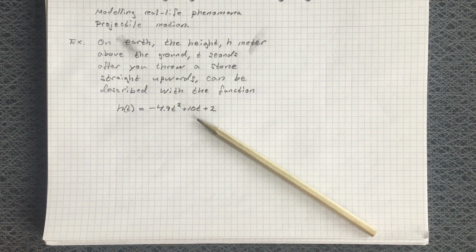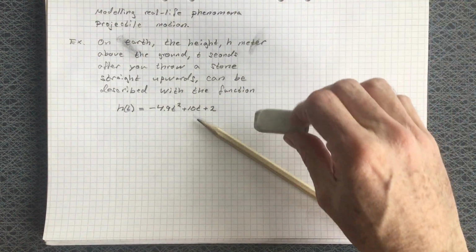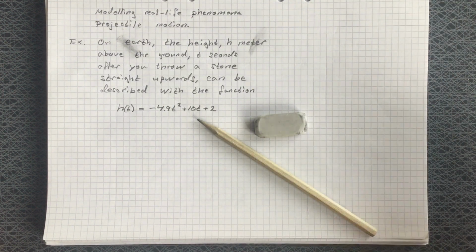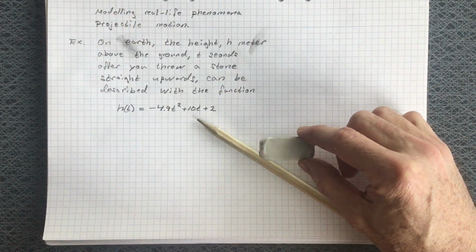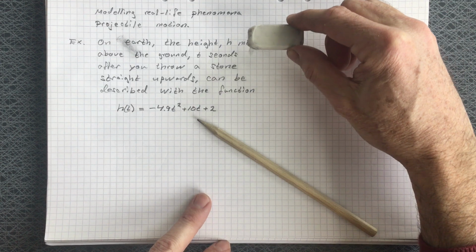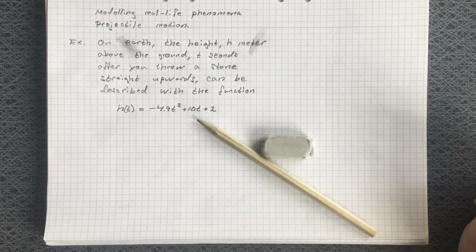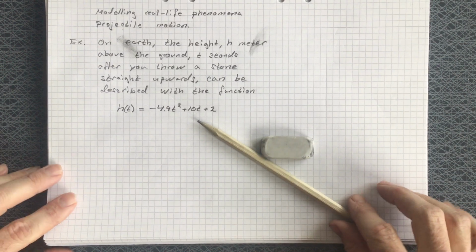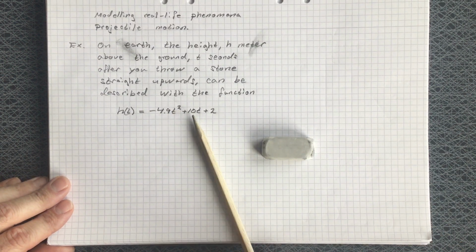So if you throw a stone straight upwards, I will show you with my eraser. If you throw it, and this is the upwards direction now, it will go upwards and then fall down to the ground. And we can describe it with this equation with three constants.